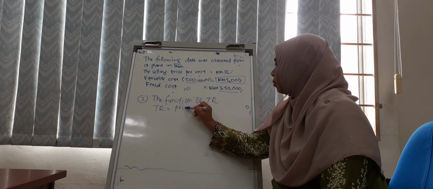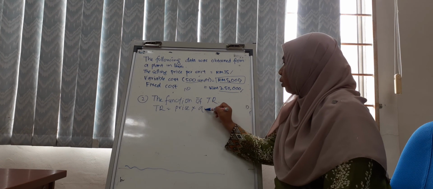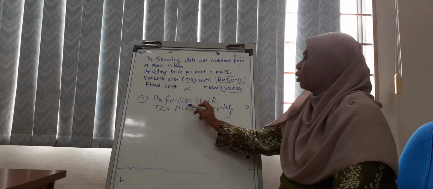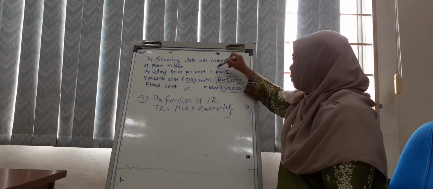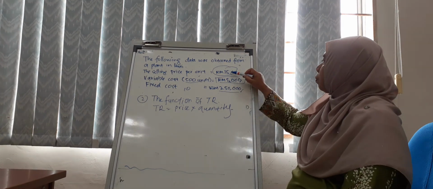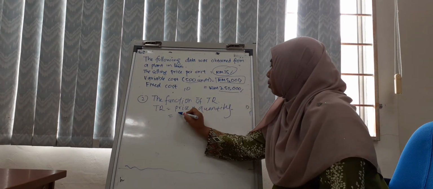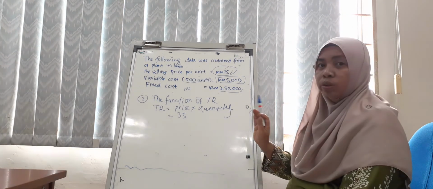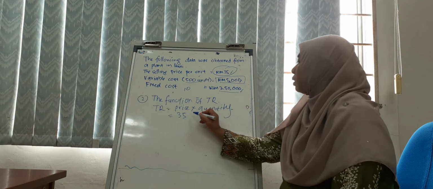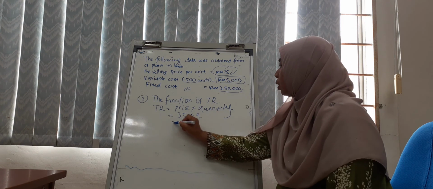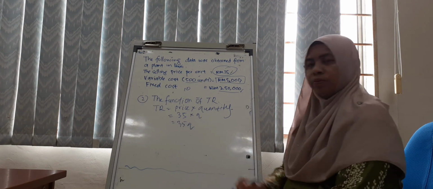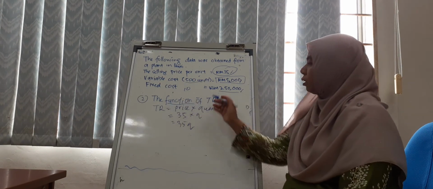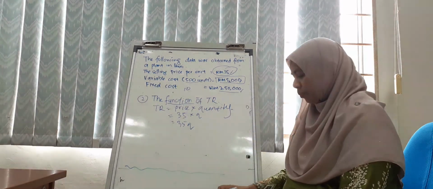Price times quantity, right? So we have price here, and price is 35 ringgit, but we do not know the quantity. Just times Q, so 35Q. And this is still a function, so leave it like this.